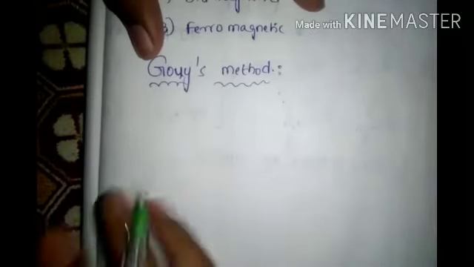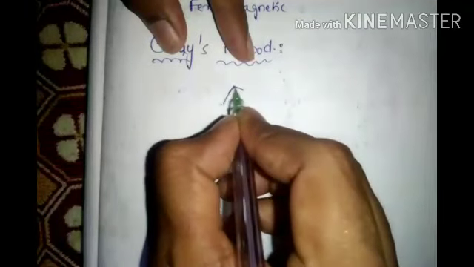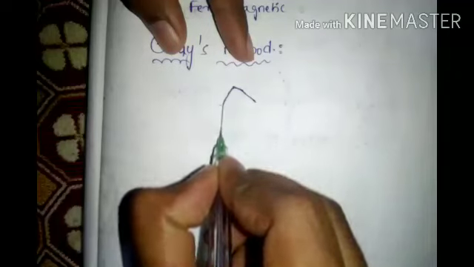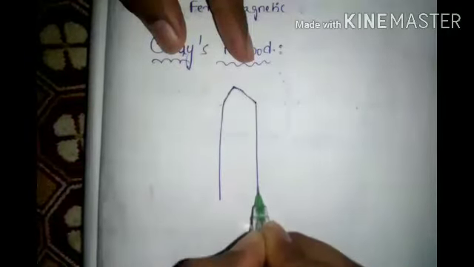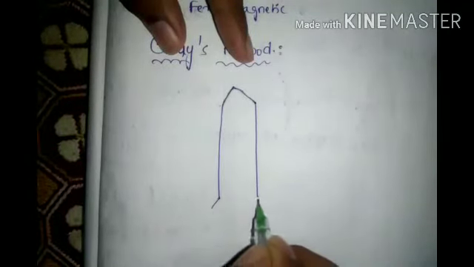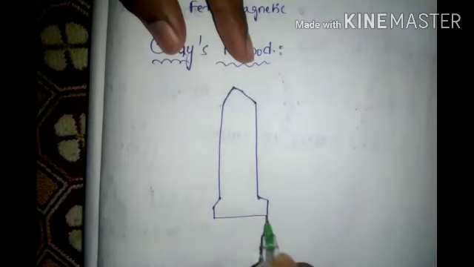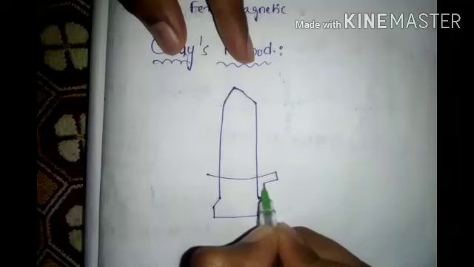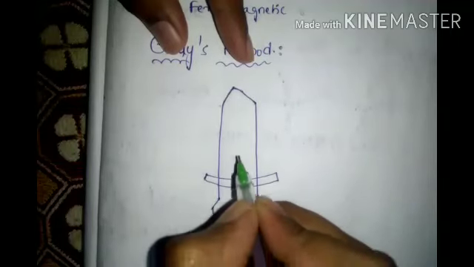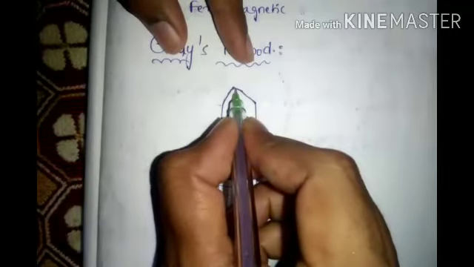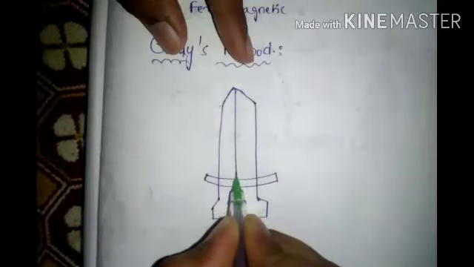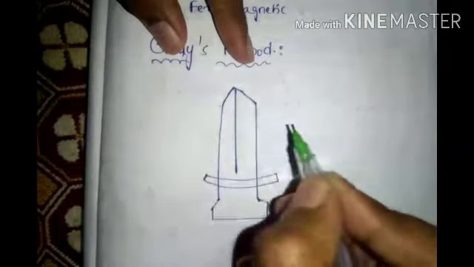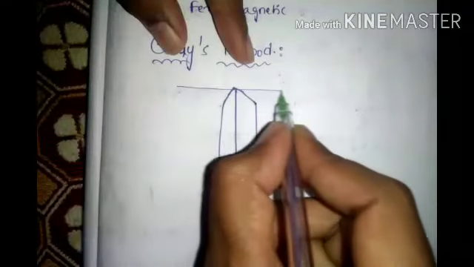See, actually, guys, a given diagram. Here one pin is there. Here is the weighing object.